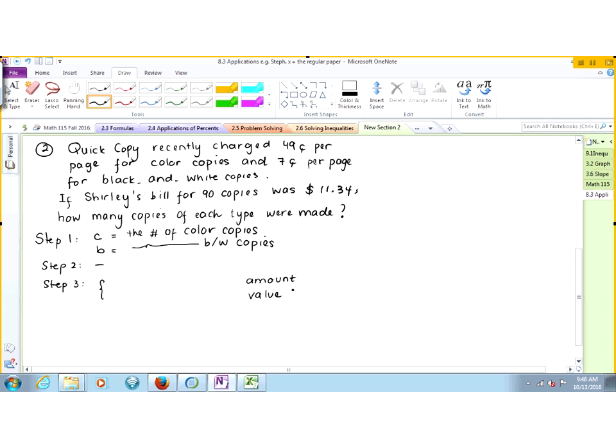Okay, so what is the equation related to the amount? What's equal to 90? C plus B, yes. Yeah, you could write B plus C or C plus B is equal to 90. Good.